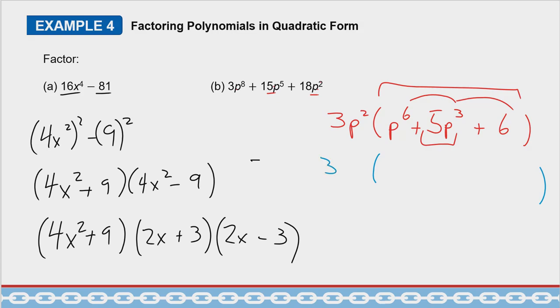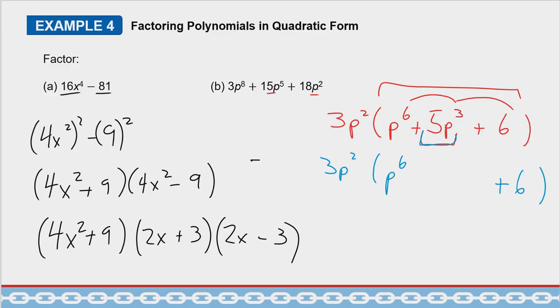Now the 3p squared is going to just come down. But I want to see, can I factor this? And I'm going to try to split up this 5p to the 3rd and see if I can factor by grouping somehow. So these are going to get copied down. Now, this 5p to the 3rd, I could try 4 and 1, or 2 plus 3.